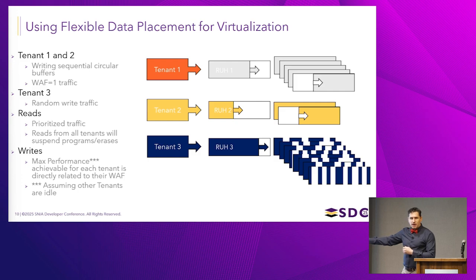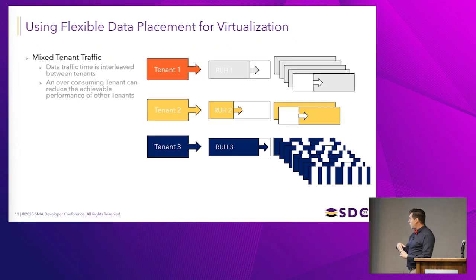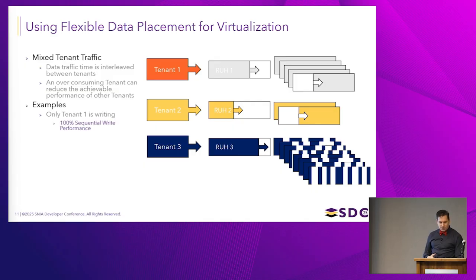From a write state perspective, we achieve max performance per tenant related to the write amplification if everybody else is idle. What do I mean by that? If we look at traffic that's mixed in time and we have an over-consuming tenant, then it reduces what's achievable for a different tenant.